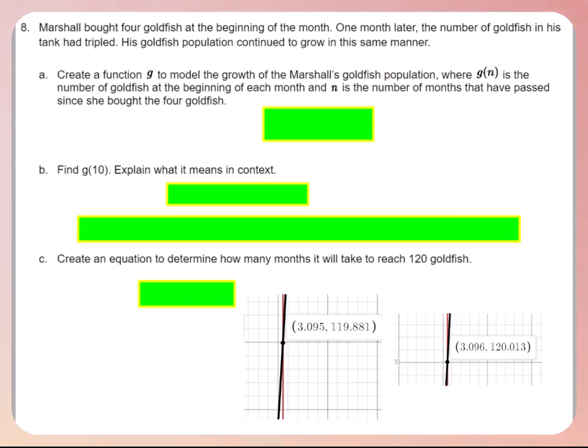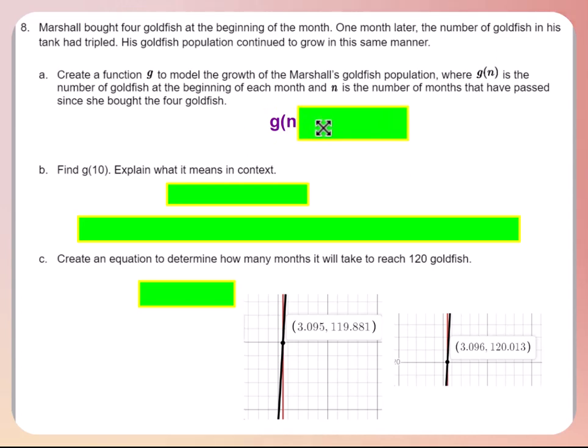Question number 8. Marshall bought 4 goldfish at the beginning of the month. 1 month later, the number of goldfish in his tank had tripled, so our growth factor is 3. His goldfish population continued to grow in the same manner. We want to create a function g, g standing for goldfish, to model the growth of Marshall's goldfish population, where g of n is the number of goldfish at the beginning of each month, and n is the number of months that have passed since he bought the 4 goldfish.